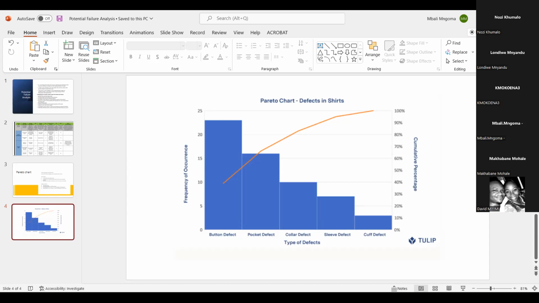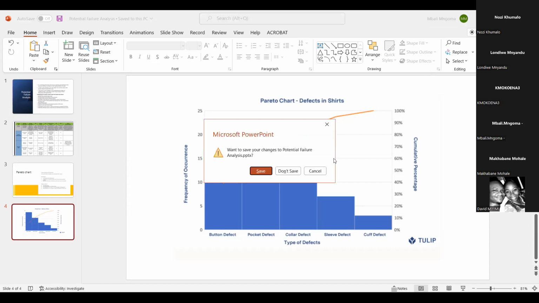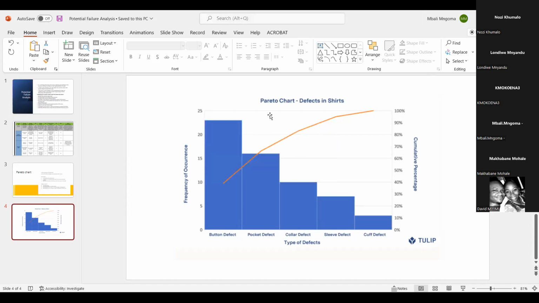Sorry, Mepa, I can't see from my side. Mbali is still sharing. Mbali, is it still sharing? Yeah, stop sharing. How do I stop? Okay, there's a button up there. Yes, I've stopped. Okay.